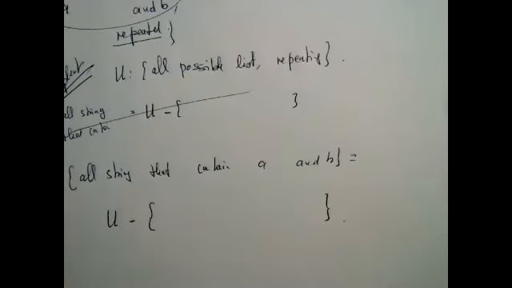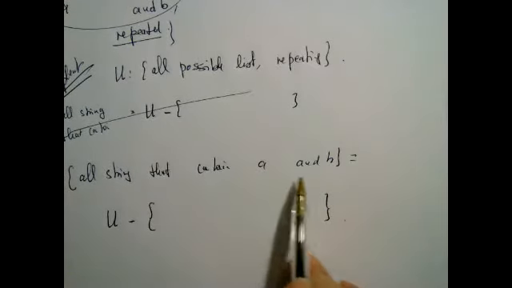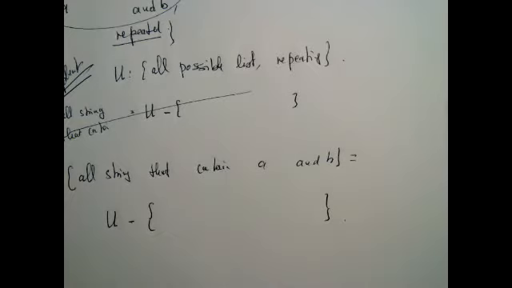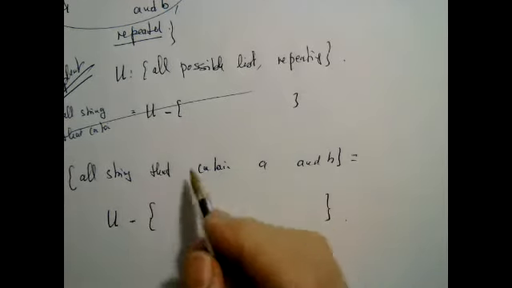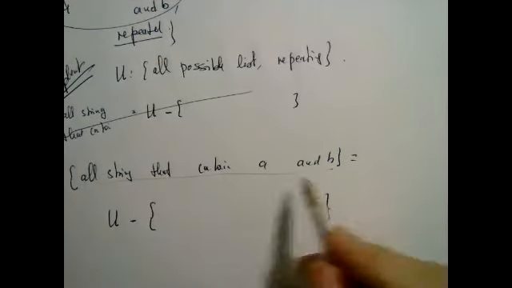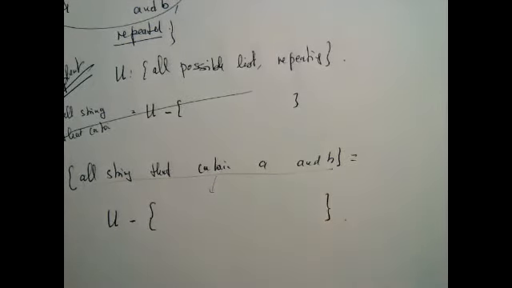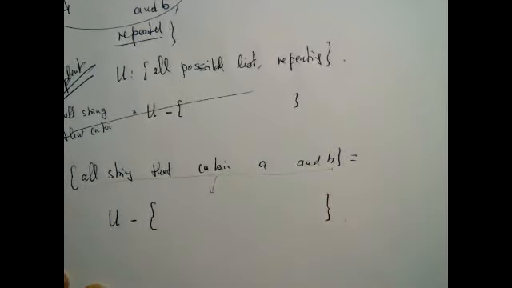How can a string not have A and B? Because if you want to use the complement, I have to see what's left over. What should go here? Subtract including A, including B, and including A and B.